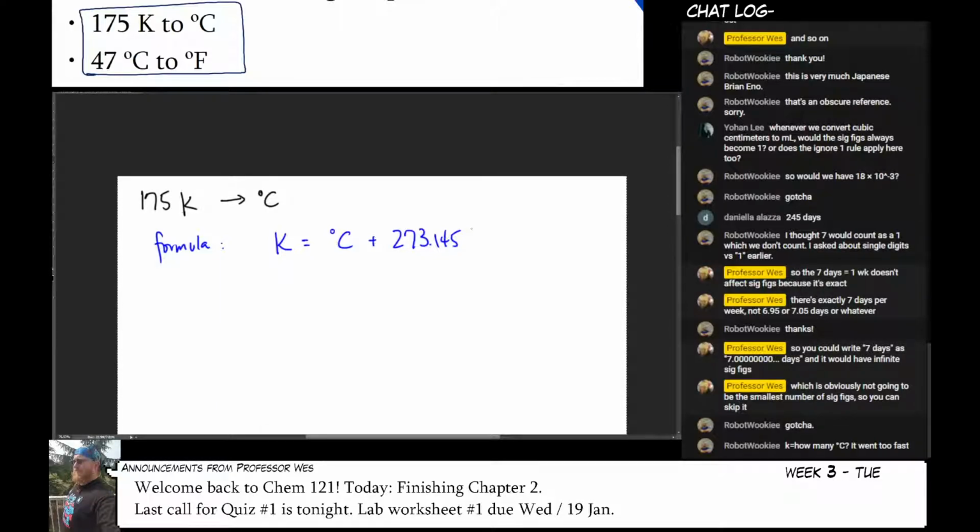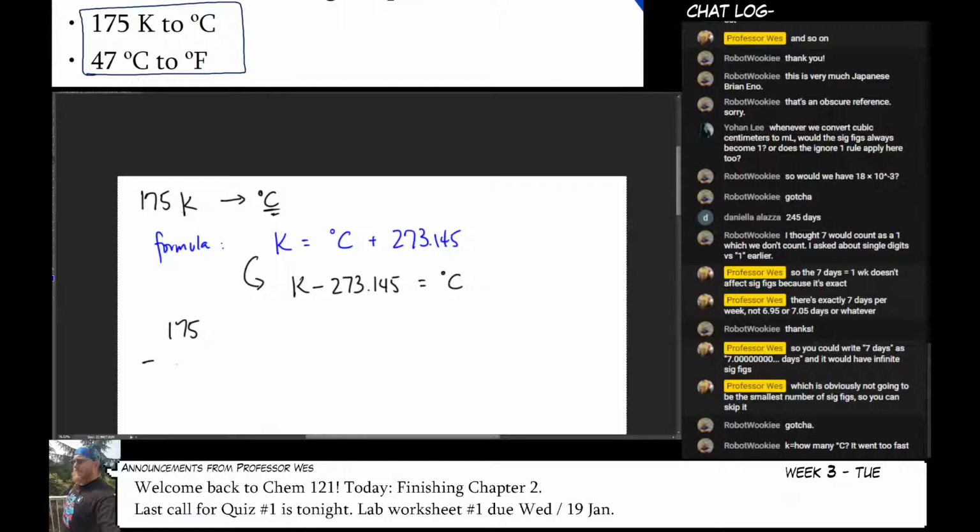How many Celsius? It's on the screen right now. Remember, you can pause the video if you need to. So if I do algebra and I want to solve for Celsius, I could do something like this. Kelvin minus that number equals Celsius. So let's do that subtraction problem.